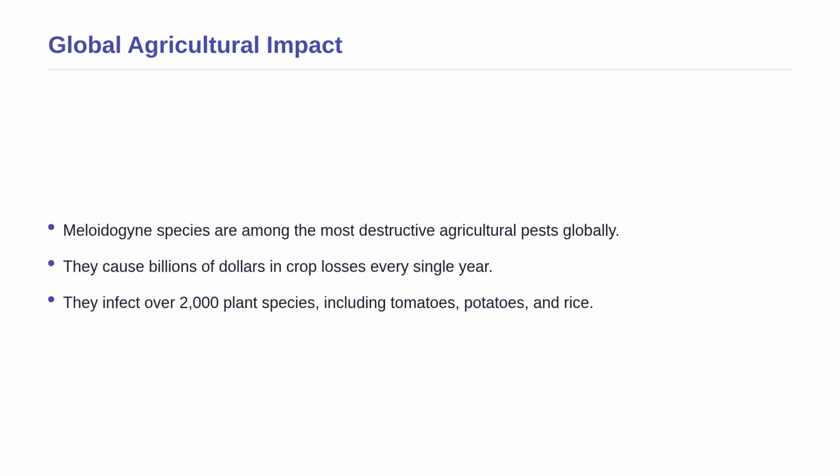Every single year, they cause billions of dollars in crop losses. They are incredibly versatile, infecting over 2,000 different species of plants. This includes essential global food crops that billions of people rely on, such as tomatoes, potatoes, rice, and soybeans. Their widespread nature makes them a global threat to food security.